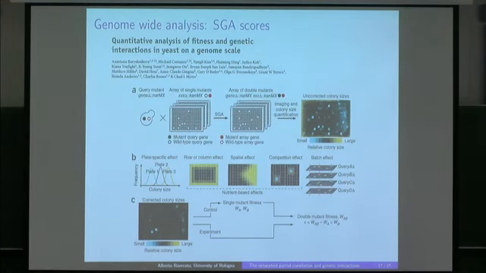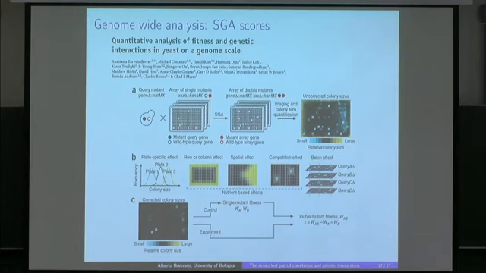Second, we carried out a genome-wide analysis, considering all the genes of this data set. In order to have a benchmark, a gold standard to compare our network partial correlation values, we considered this paper published in Nature Methods.